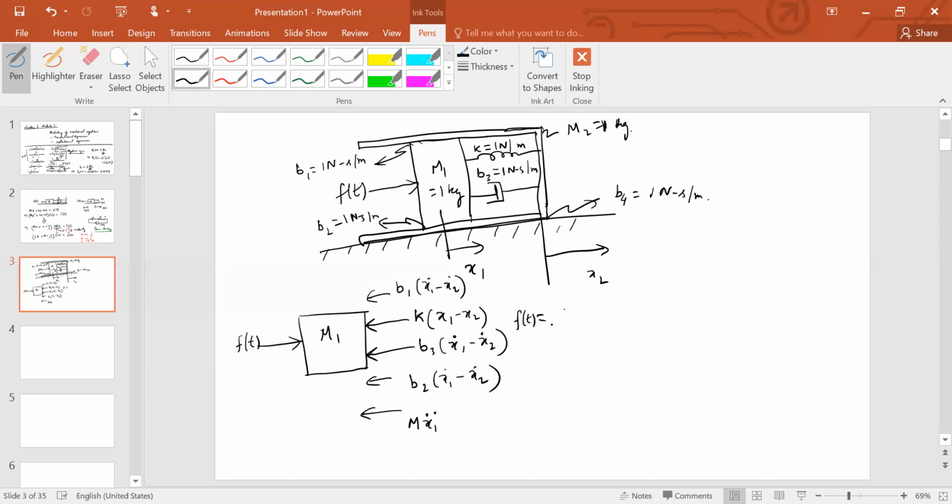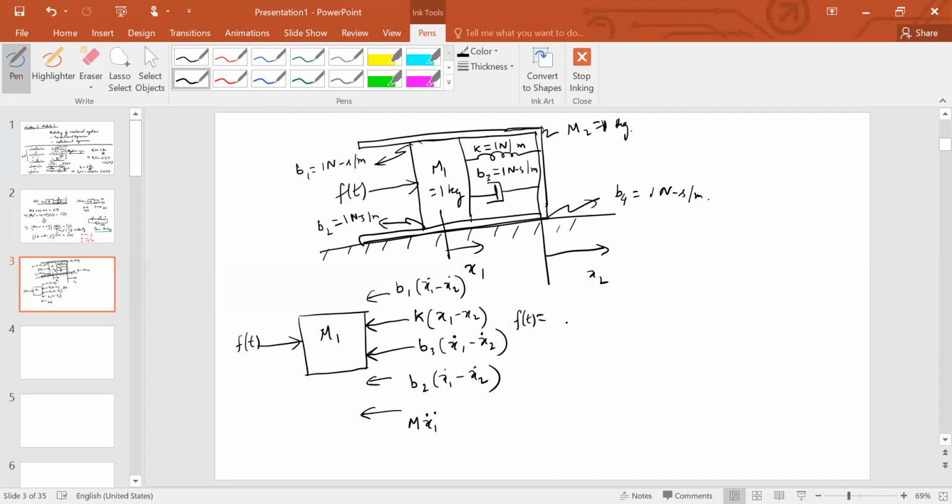f of t is equal to m x1 double dot plus 3b. Actually, these b1, b2, b3 are just unity, so I'll just write them as 3. In fact, I'll just drop these symbols now because mass is also unity, right?